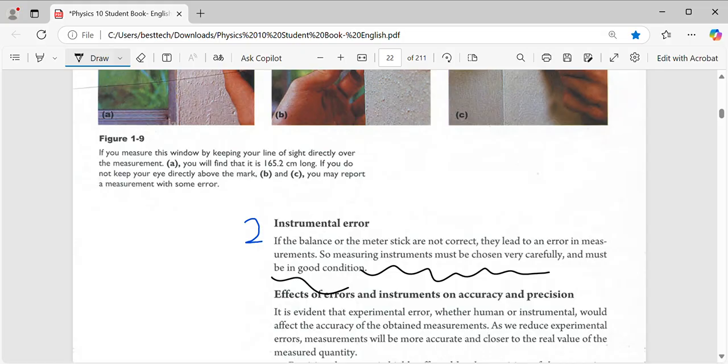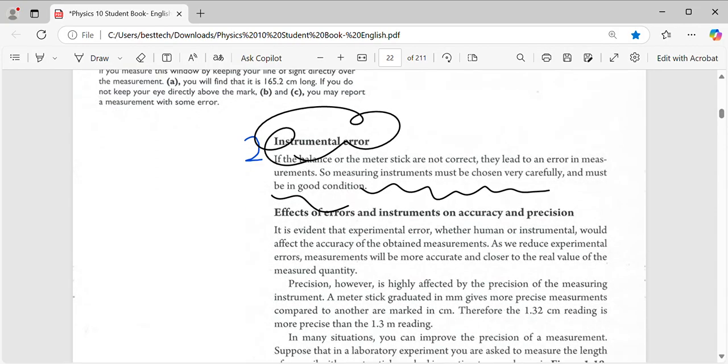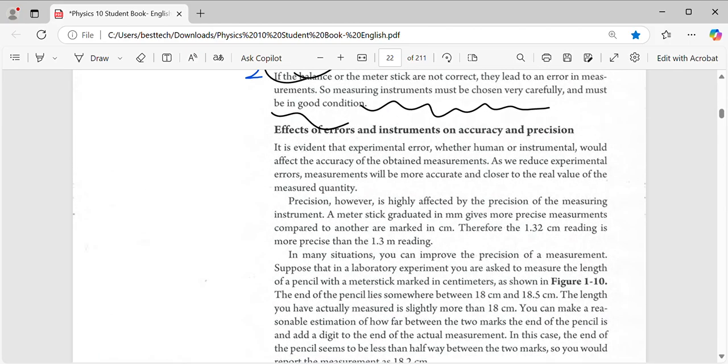Otherwise, if you have an instrument that is still working well, there's no problem, but you don't know how to get the answer, it's your fault. So this is called human error. But if the instrument is not working well and gives you a wrong answer, this is called instrument error, because it's the instrument's fault. So understand, we have two types of error: instrument error and human error.